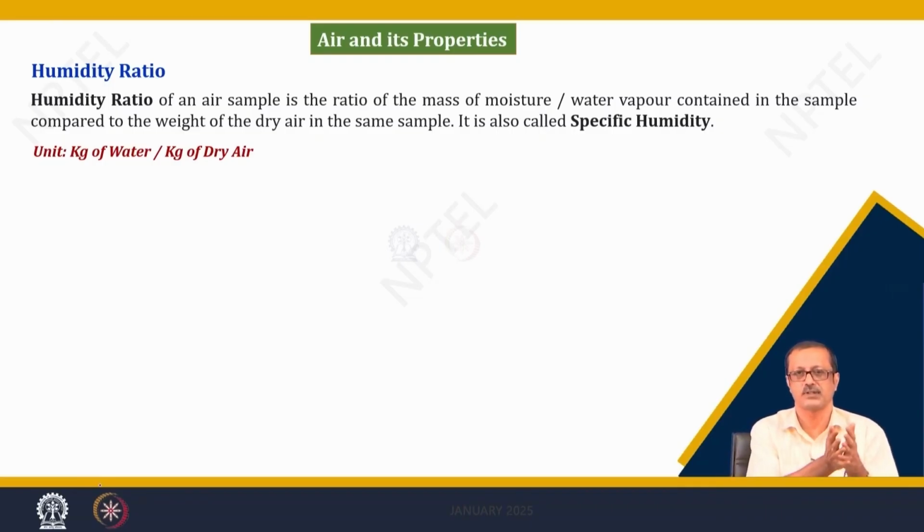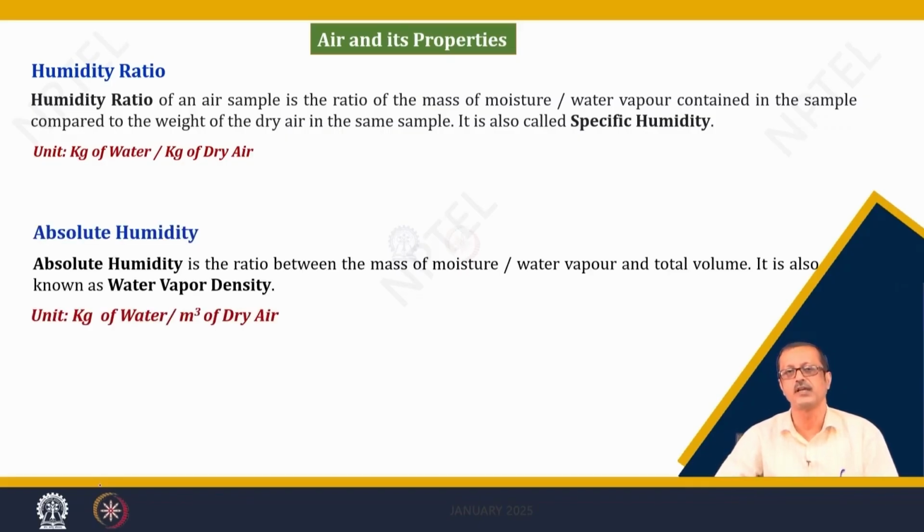As we discussed already, there is a 3-phase diagram where we have empty spaces and two substances, one is the air molecules and another one is the molecules of the moisture. So, what is the ratio of that? That is the humidity ratio, which is going to play a very vital role, and the absolute humidity.